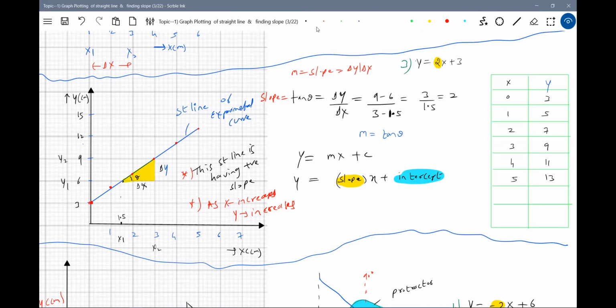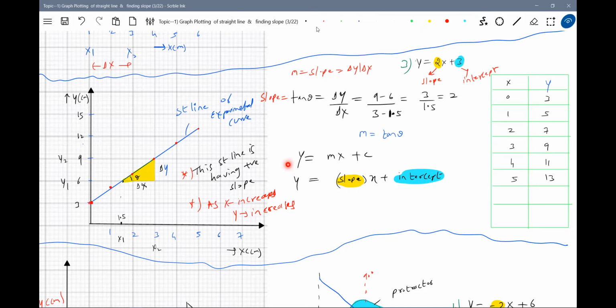We calculated the slope to be 2, so in the equation of a straight line, the coefficient of x will indicate the slope, and this will indicate the intercept. Which intercept? The y intercept.